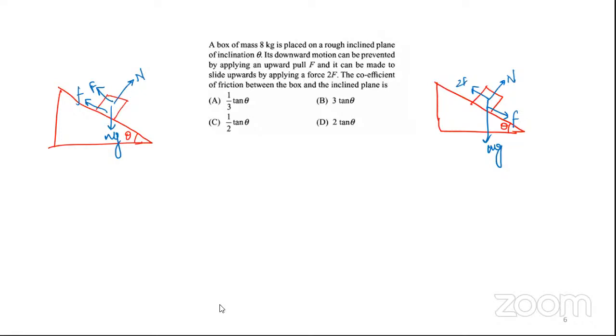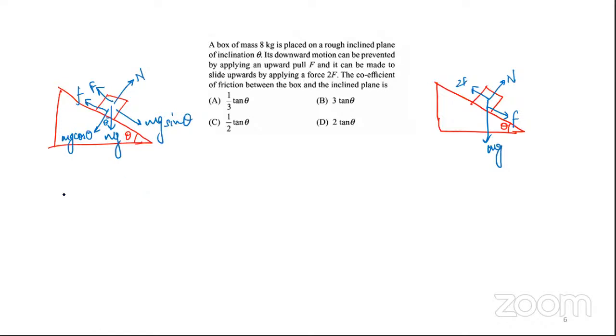All right, let's proceed with the solution. Here, for the equations of motion, we have to split the force mg into its components. So we have over here theta, so this becomes mg cos theta, and this will become mg sin theta.